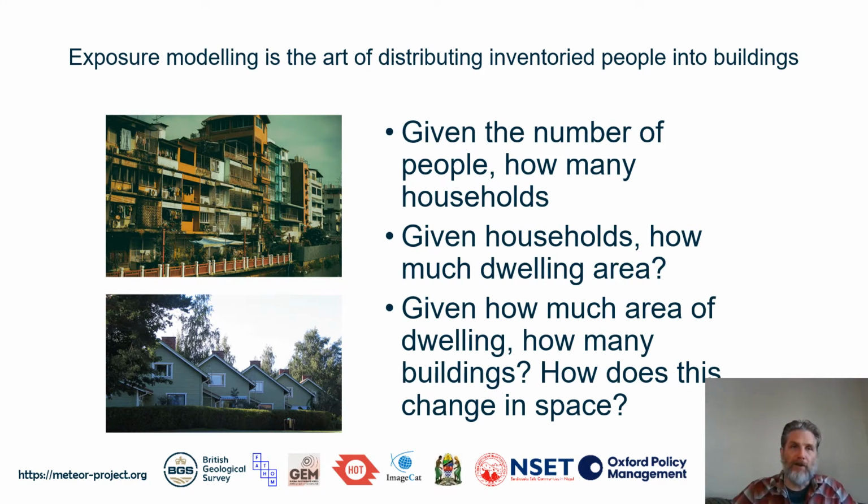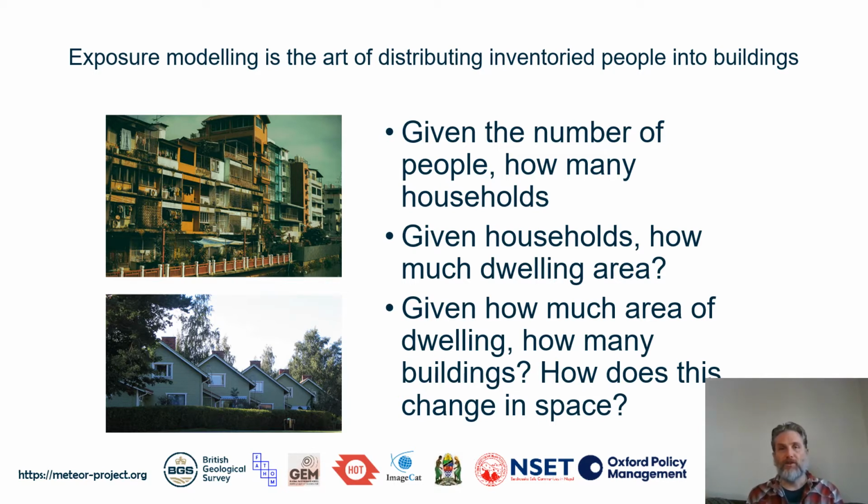loss estimation. So instead, we're talking about really the art of distributing inventories of people into estimates of buildings throughout a given area. It's a process that's very specific to loss estimation itself. It answers the question, given a number of people, how many households are there going to be?